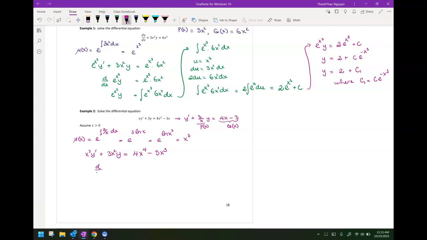So this is d dx of x to the third y equals 4x to the 4 minus 3x cubed.